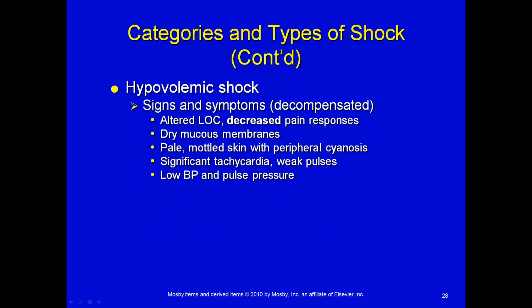If the hypovolemia has occurred over a longer period of time, the mucous membranes may be dried and furrowed, as in the case of vomiting and diarrhea, or diabetic ketoacidosis, those sort of things. Skin is pale, mottled, cyanotic. Heart rates are in the 130s, 140s, 150s. Pulses are weak, if palpable at all. Blood pressure starts to drop, as do the pulse pressures. Now, pulse pressure is just the difference between the systolic and the diastolic blood pressure.